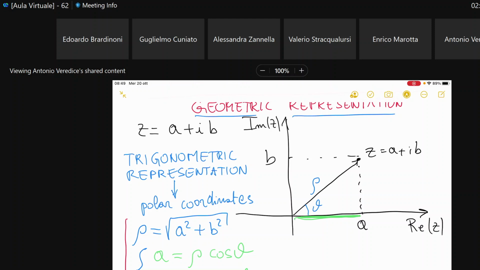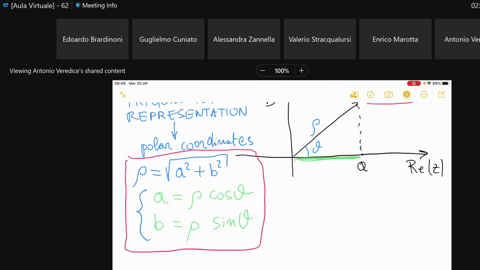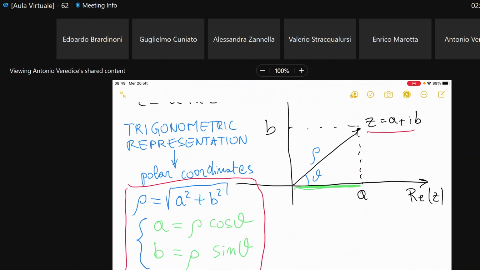These two important relations give you the trigonometric representation of a complex number. Of course, you can go back and forth between the trigonometric representation and the Cartesian one, by which I mean A plus iB. If you know rho and theta, you can get A and B: A is rho times cosine theta, and B is rho times sine theta.